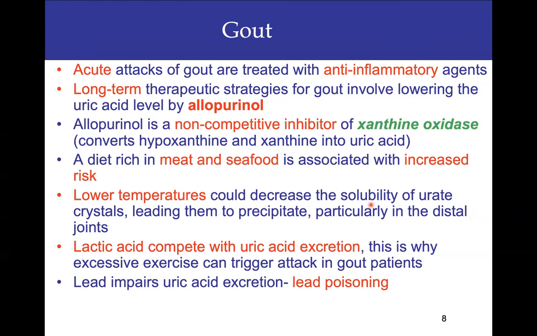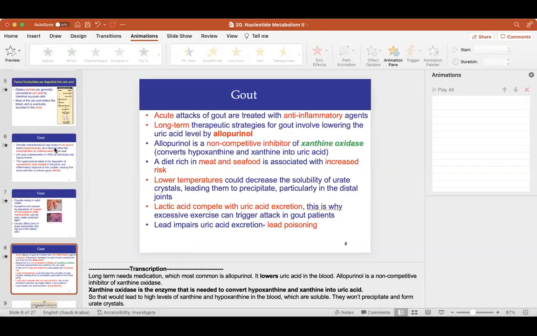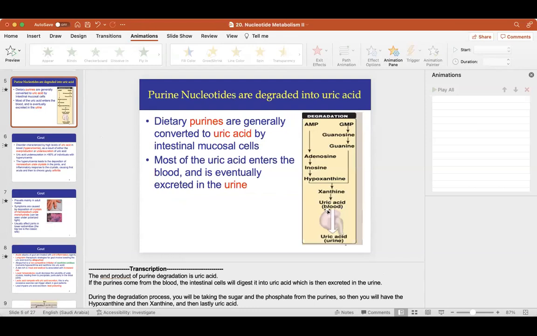Now, allopurinol is a non-competitive inhibitor of xanthine oxidase. Xanthine oxidase is the enzyme that converts hypoxanthine and xanthine into uric acid. Hold on, let me just go back a couple of slides here. So this conversion is actually done by xanthine oxidase.